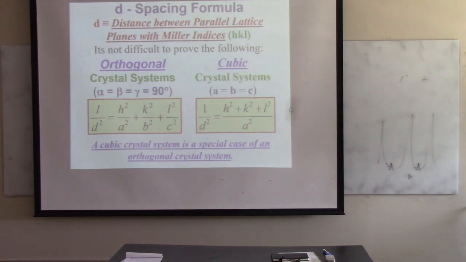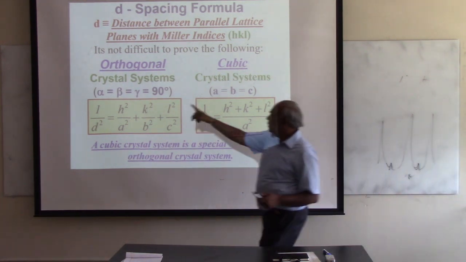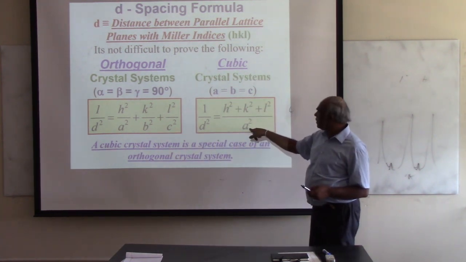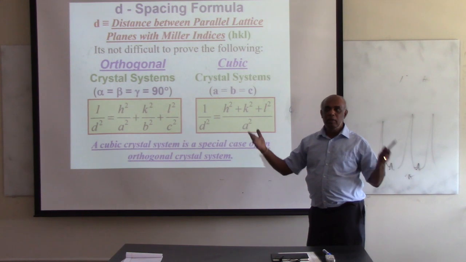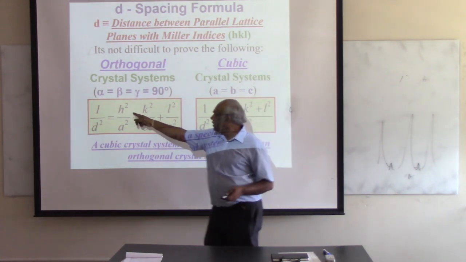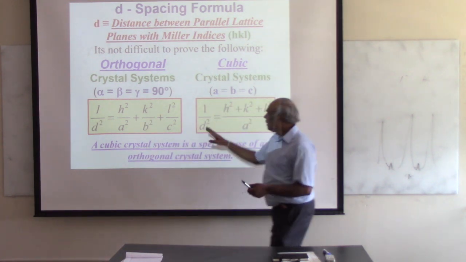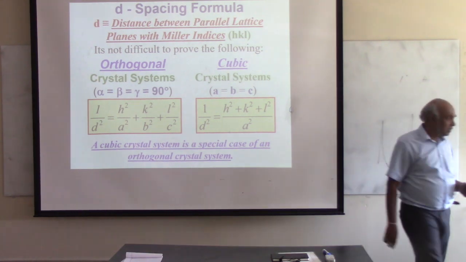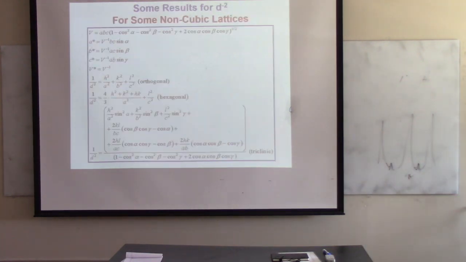Then we talk about how to calculate the D spacing. You can show it for any structure, it doesn't have to be cubic. If you take something like rhombohedral, you can easily show this one, right? So this HKL is there. That is pretty easy. But if you go to other complicated systems, you can see how that D is.